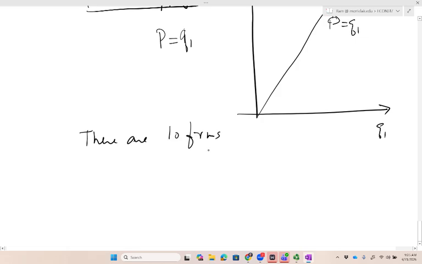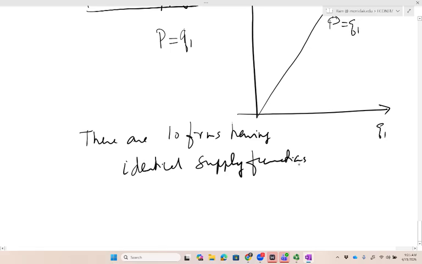I'm just making this number 10. You can come up with any other. Having identical supply, I will write down the inverse supply function. Each one of them has P equal to Qi, i equal to 1, 2, up to 10.